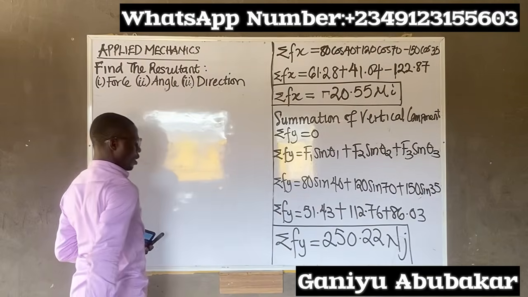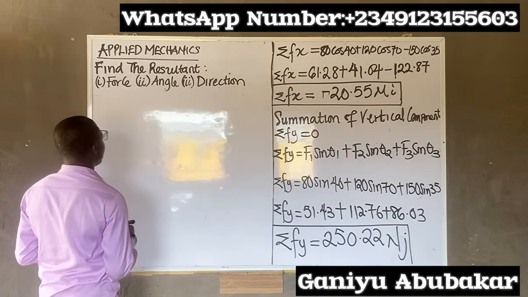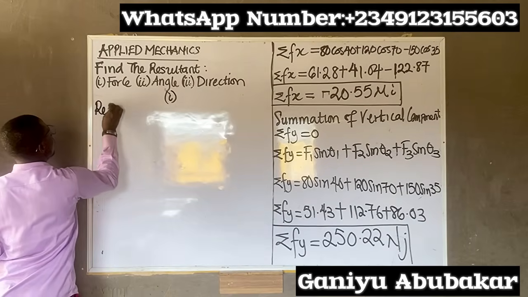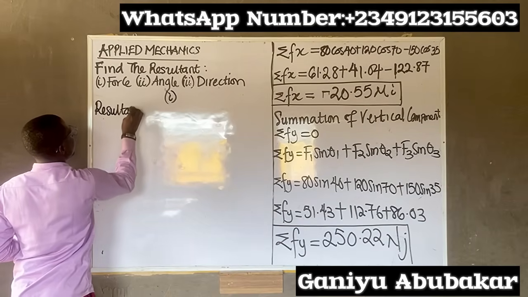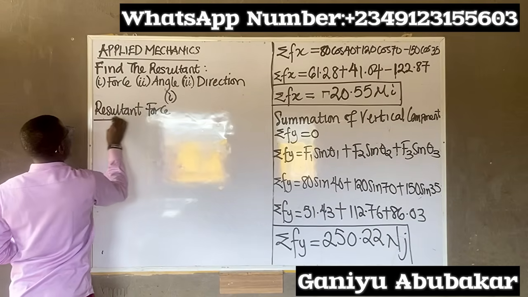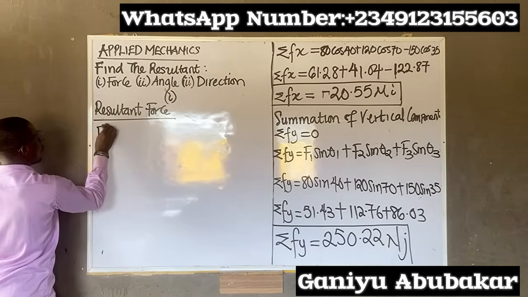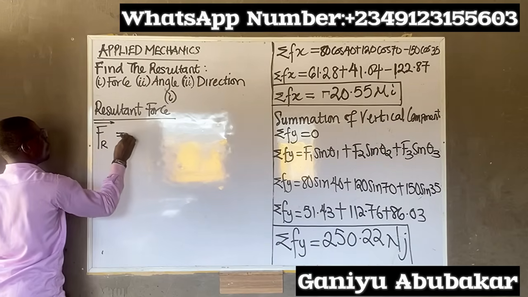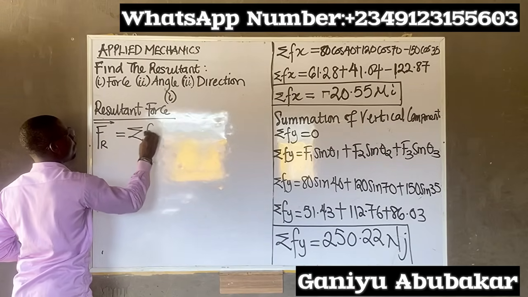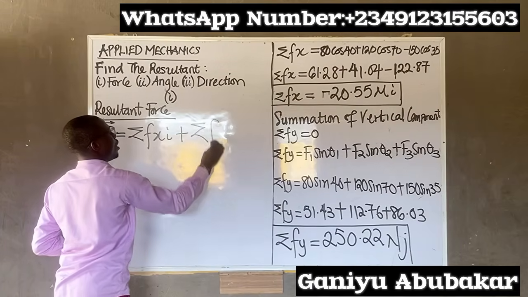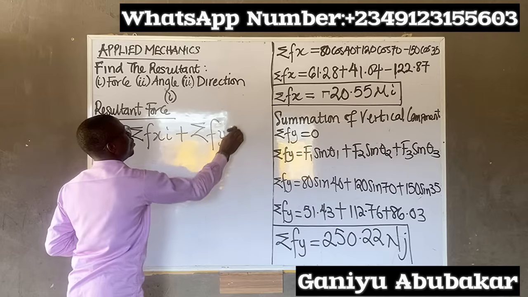So look up, please. From here, we have to find, letter I, resultant force. That's the first one. What do we know? F resultant in vector form is equal to summation of f of x I plus summation of f of y j.